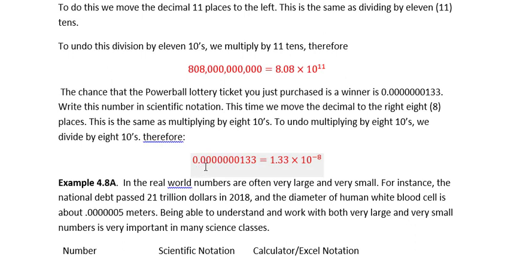Every time I move the decimal this way, to get to 1.133, I am multiplying by 1 ten, multiplying by 2 tens, multiplying by 3 tens, etc. If I get it to here, I multiplied it by 8 tens to get this number. To get the number back, you have to divide it by 8 tens. That's 10 to the negative 8. That means divide this number by 8 tens. So these numbers are equal.